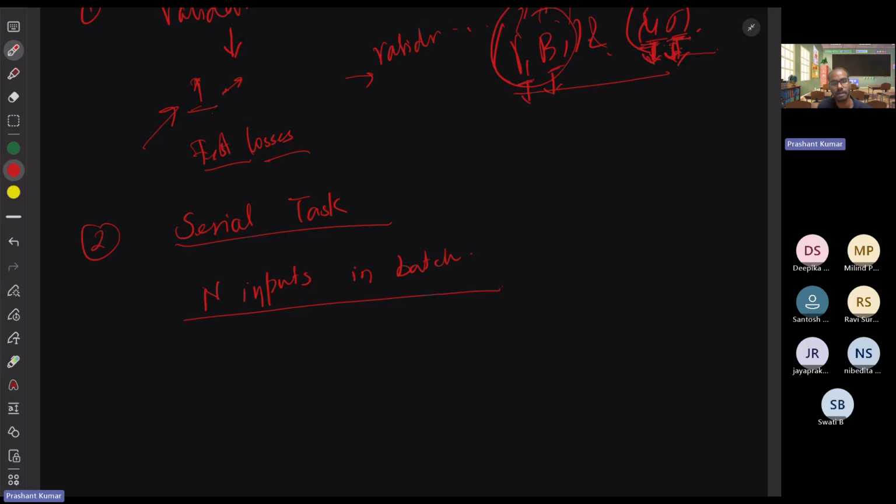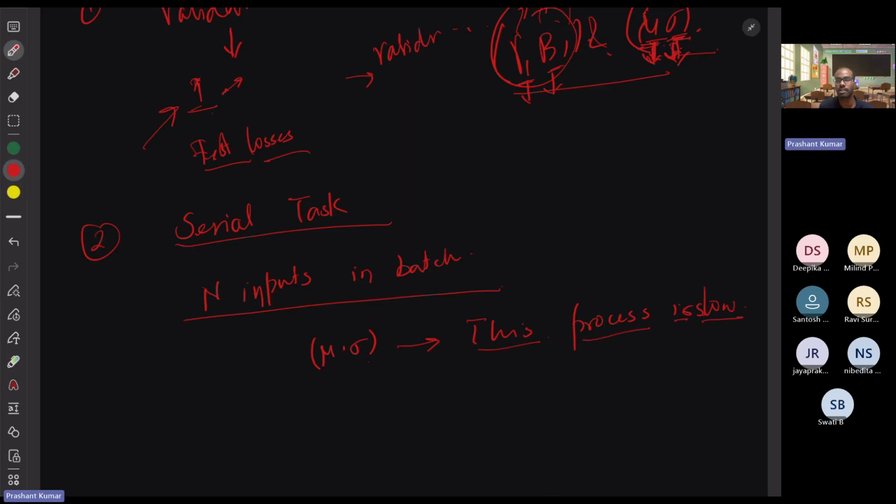You are dependent on all n of them to get the mu and sigma. Right? Every time you compute this mu and sigma, your computational cost is increasing and you are waiting for all of them, and hence this process is slow. Okay.